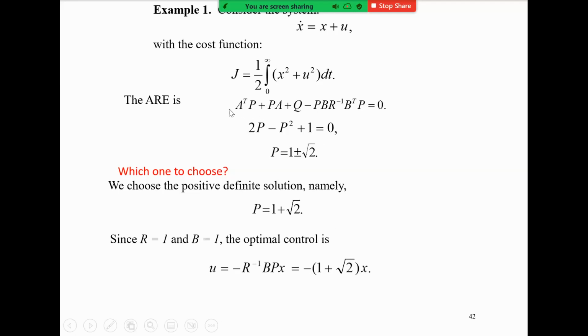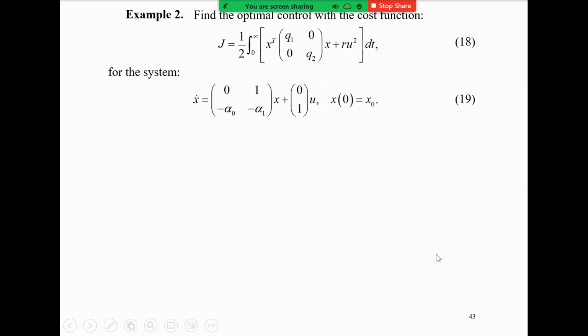So now in this case, this Riccati equation looks pretty straightforward to solve. Now let's look at the second example, and then you will realize it is not so straightforward. Here we consider a second order system. This alpha 0 and alpha 1 are just the coefficients of the characteristic polynomial.